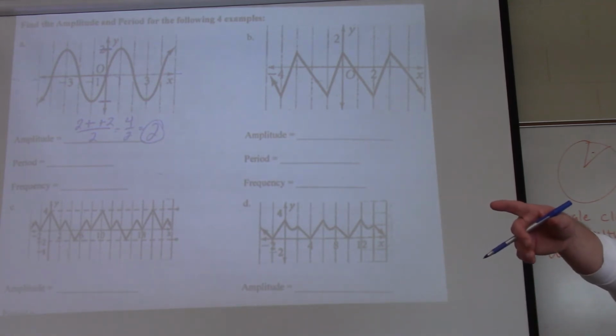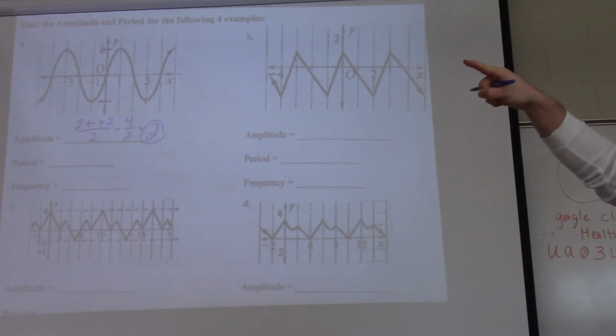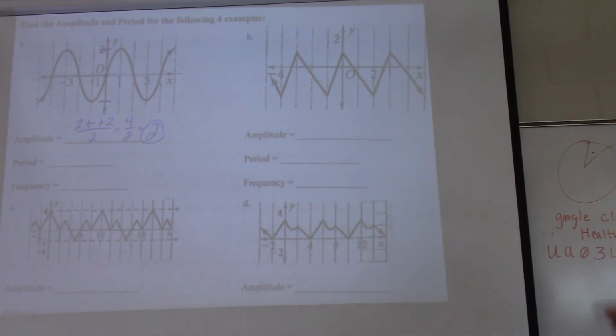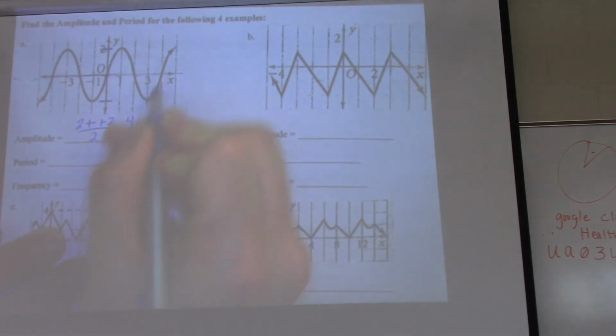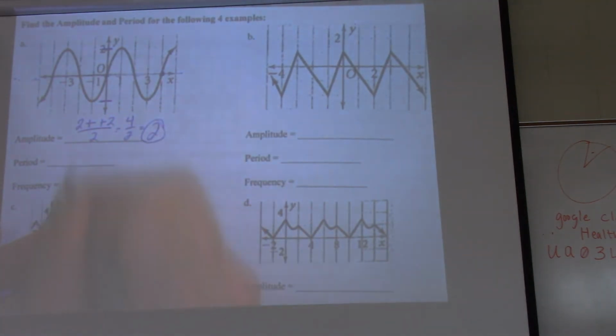Actually, you're answering the question without even knowing it. The whole cycle goes up and then down and then starts again. Can you see that? If you start from left to right, it goes up, then down, then up, then down, then up, then down. So we could really measure this from multiple different places. I can measure from here and go up, then down, then back to here. What's that distance? 4. And that is my period.